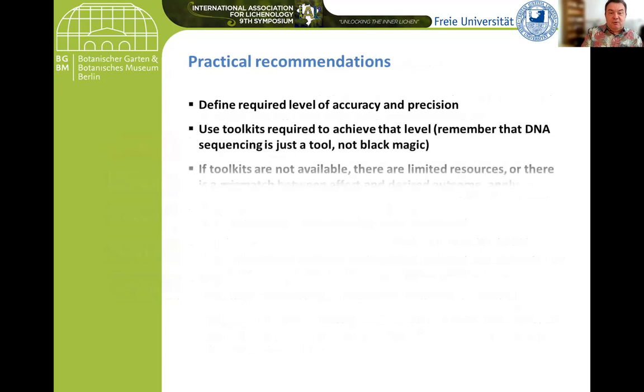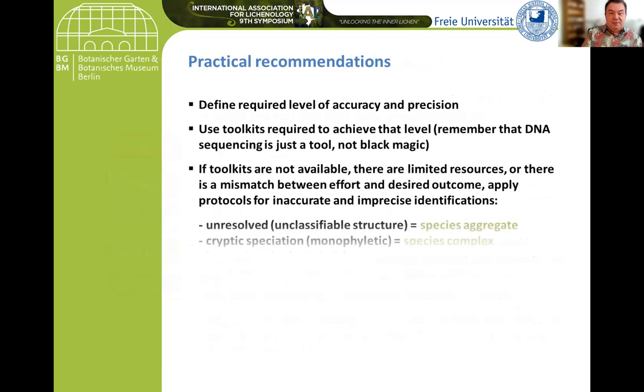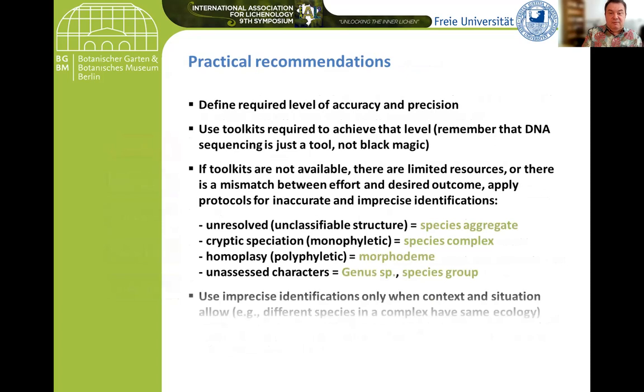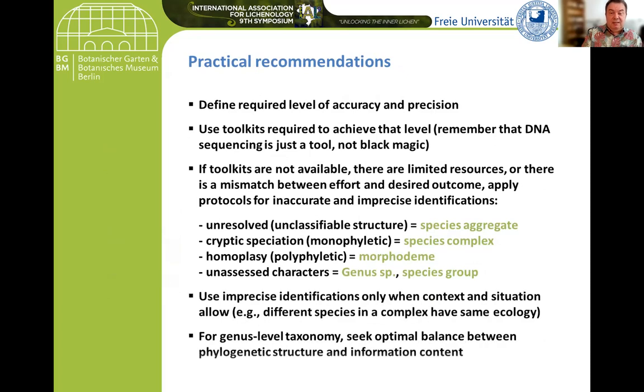First of all, for a specific situation, we have to define which level of accuracy and precision is required. Then we have to use the toolkits to achieve that level, which might be DNA. And we should always remember DNA is not black magic. It's just a tool similar to a microscope or a TLC tank.